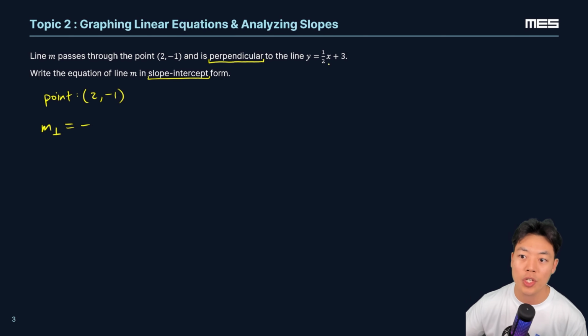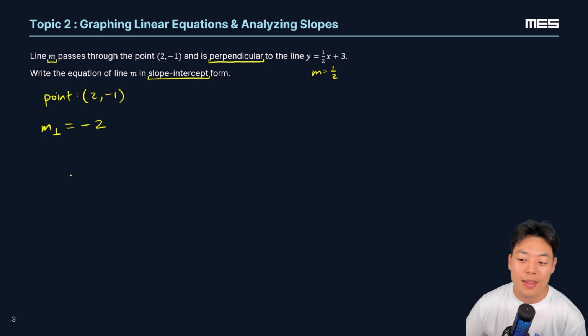So the negative version of this positive 1/2 is going to be negative 2 over 1, which is -2. I know this can get confusing because M is the letter we use for slope, and we're looking for line M. Don't get confused there. We are so used to using M as our slope.